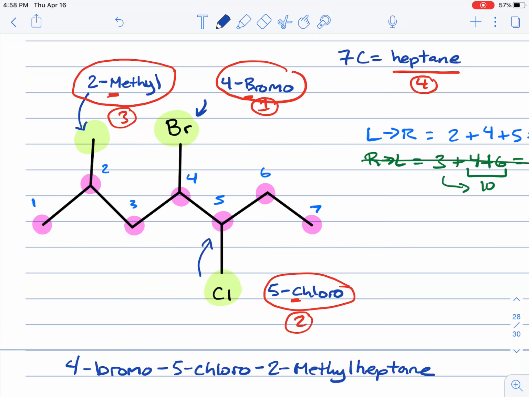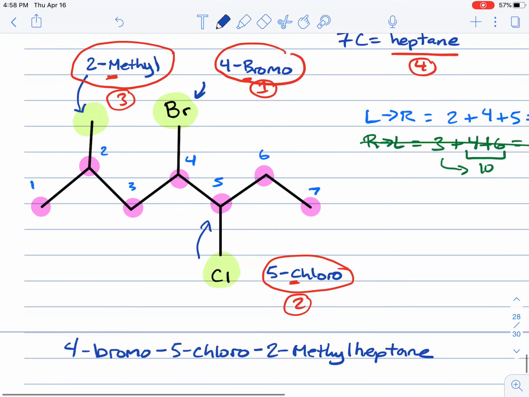I've skipped a couple steps there. I just went ahead and added in the dashes. Hopefully by now you understand that when you go from letter to number, or number to letter, you need a dash. So that's pretty much it.